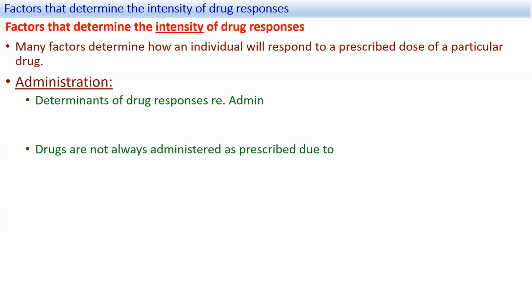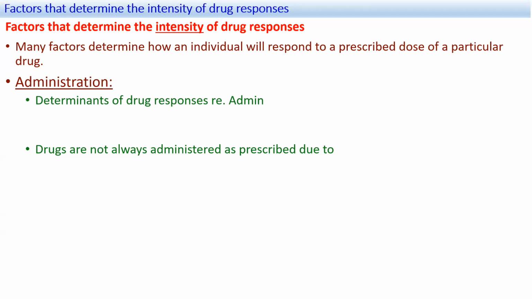We always have to investigate reasons for medical errors, and we found that the patient received the drug intravenous instead of sub-Q, for example, or the PO was supposed to be sublingual and was swallowed. Or sometimes swish and spit, like an antifungal solution, was given PO and swallowed instead. So medication errors are a main reason why drugs are not administered as prescribed.